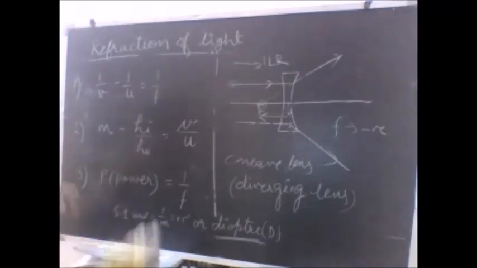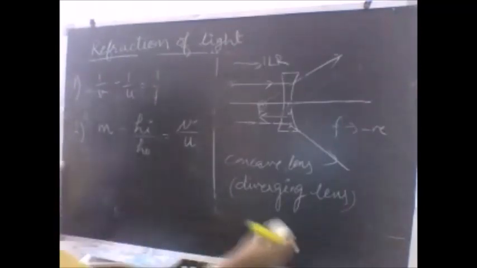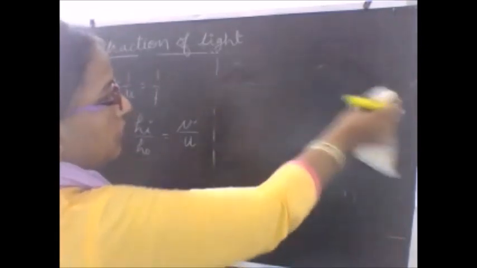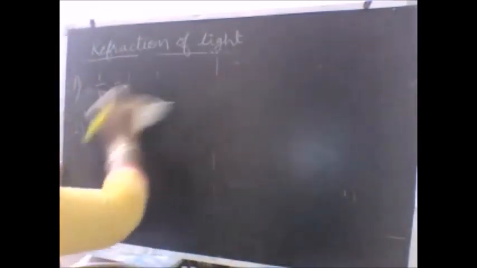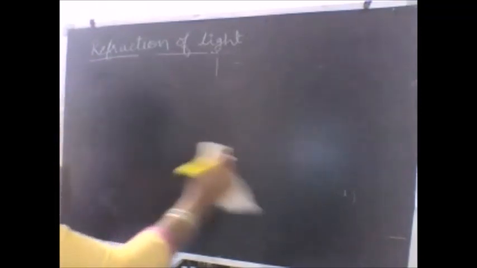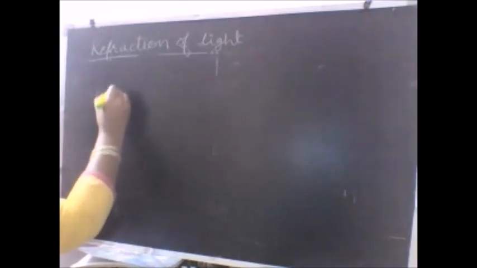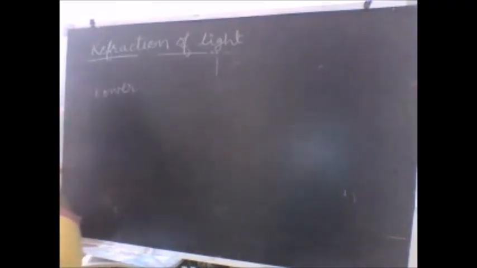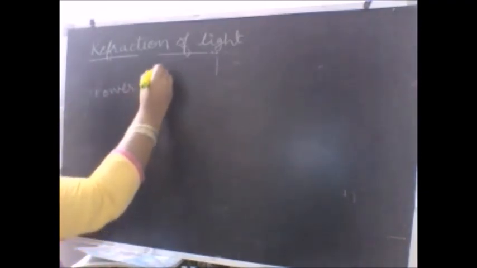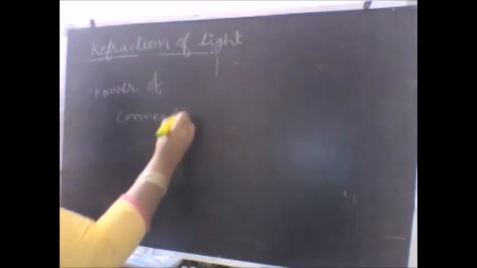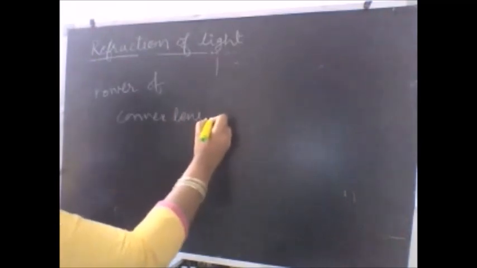Okay, one conceptual question that we discuss now. What is the power of a converging lens? Positive or negative? All of you can note it down. This is a simple conceptual question, and can be there in the exam also. Power of a convex lens should be positive or negative?